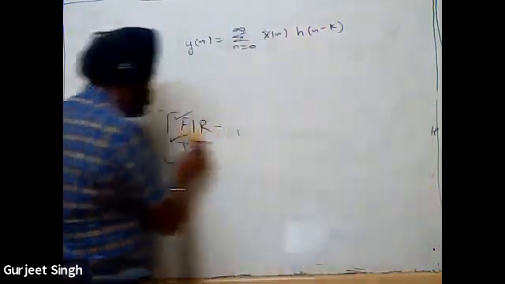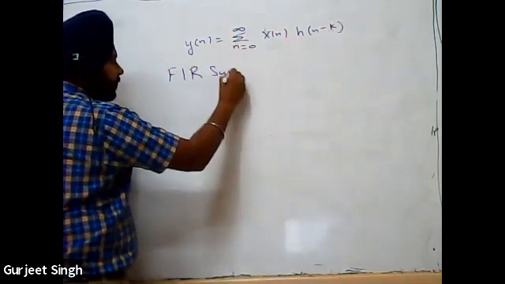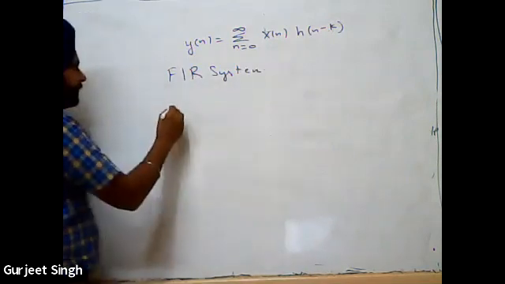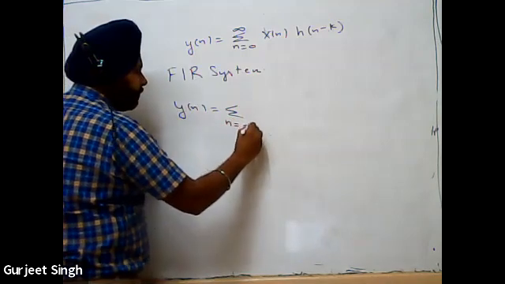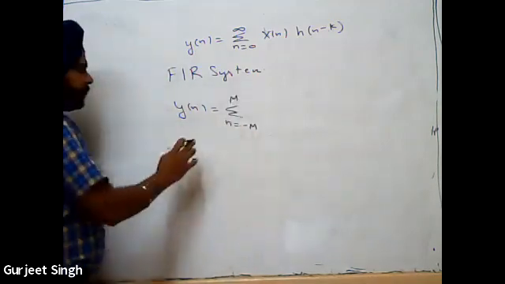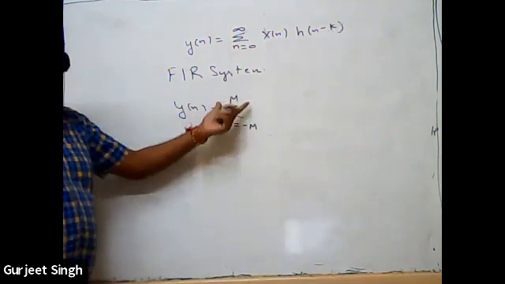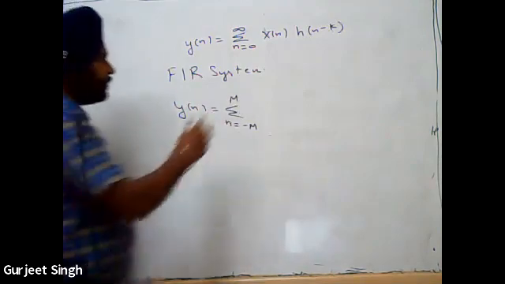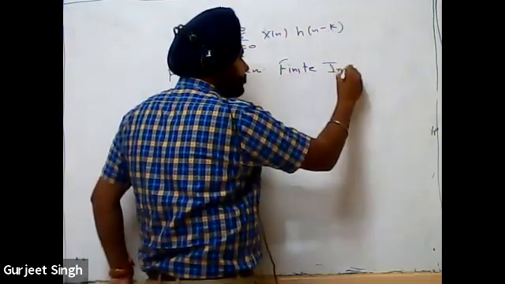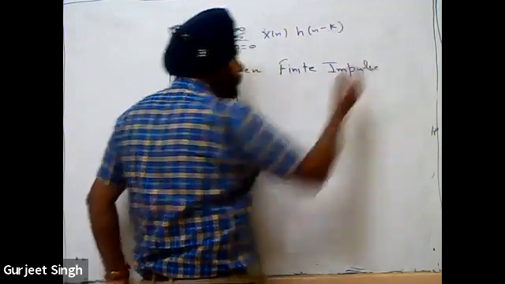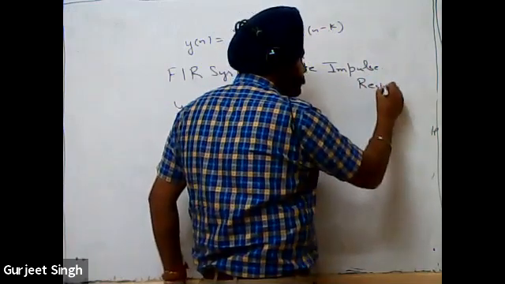So first we will talk about the FIR system. Okay. Now the FIR system equation is y[n] is equal to summation k is equal to minus M to M. Here we are taking the range from minus M to M, which means it is a finite range, because this is our finite impulse response system.